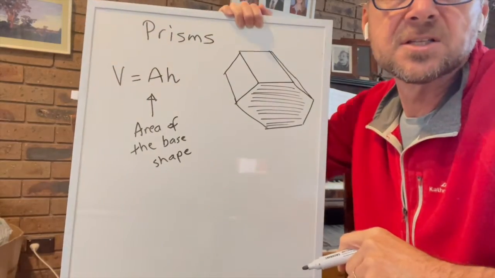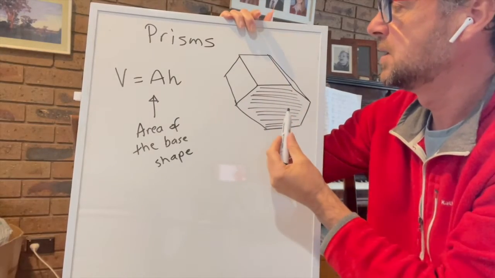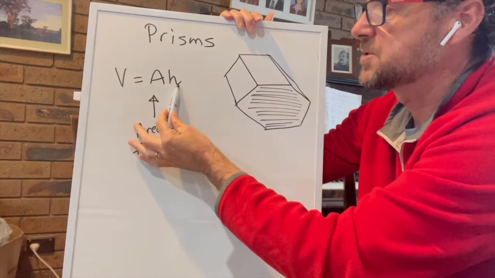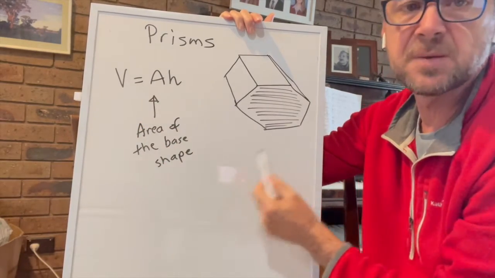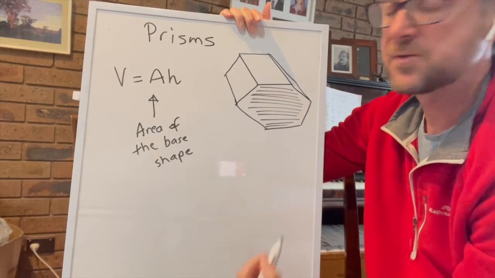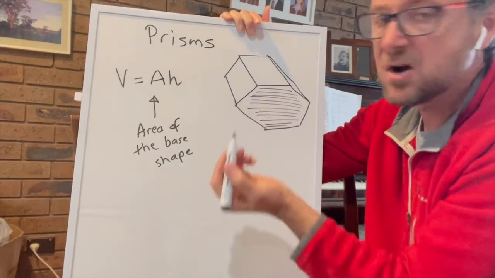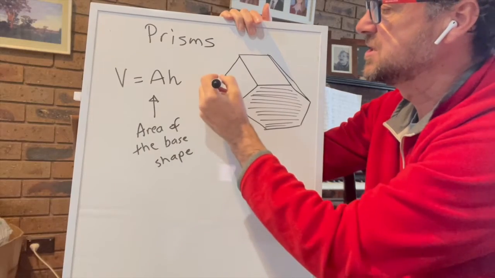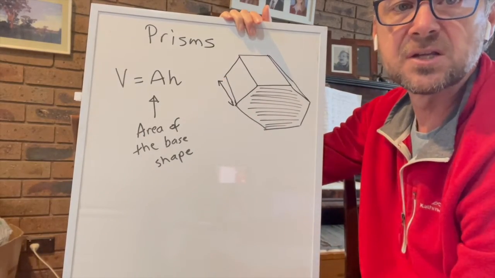prism. So we can summarize this by saying if we take a shape like this, the volume of it is going to be equal to area times height. The area in this one is the area of the base shape, which in this case would be a hexagon. So the area of a hexagon, and we could then multiply that by the height, or in this case, I would call it the depth, which is this distance here on the particular shape.